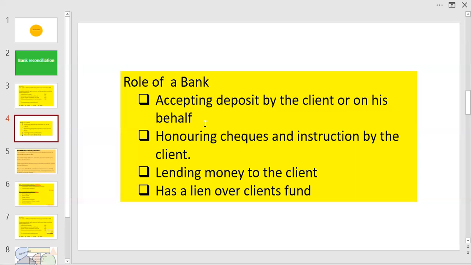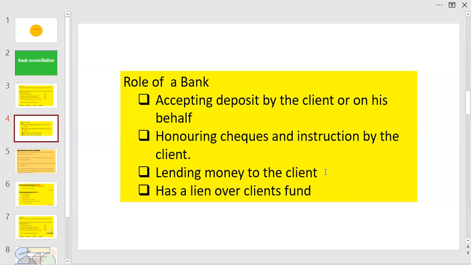One, the bank is duty bound to accept deposits made by us and made on our behalf. Number two, the bank has to honor all our instructions. The most common instruction is the issue of checks. Third, the bank lends money to us. Normally, since we deposit funds, the bank is a debtor, an asset.